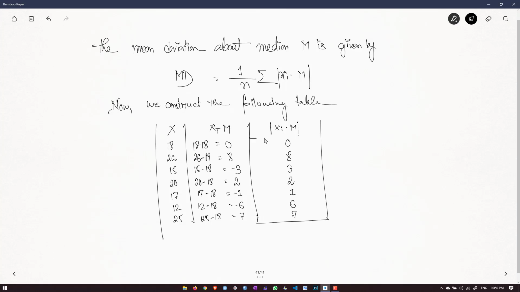So we are interested in the total of this column, that means summation |xi minus M|, and the total of this will be 8 plus 3 is 11, 11 plus 2 is 13, 13 plus 1 is 14, 14 plus 6 is 20, 20 plus 7 is 27, right?